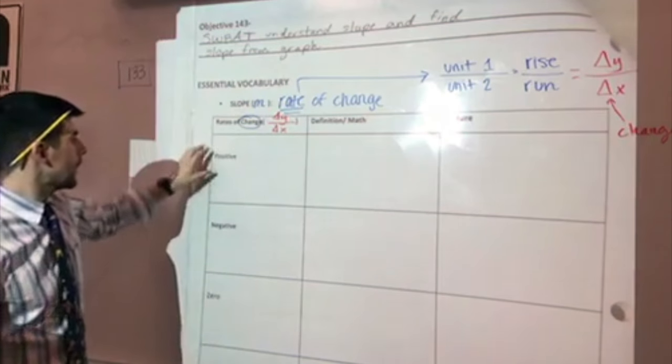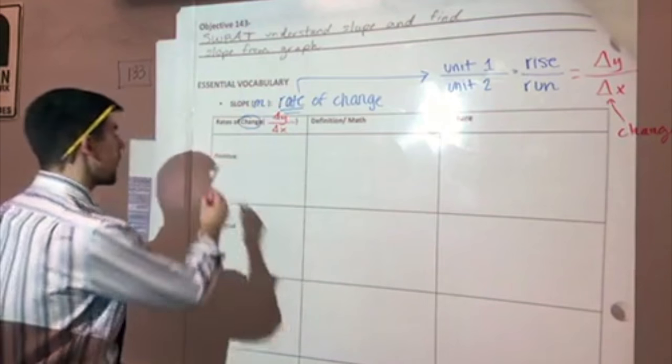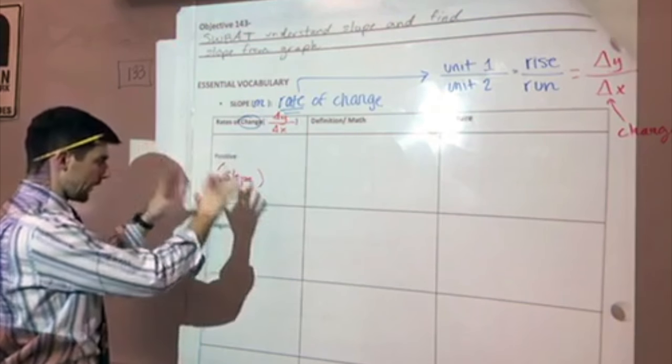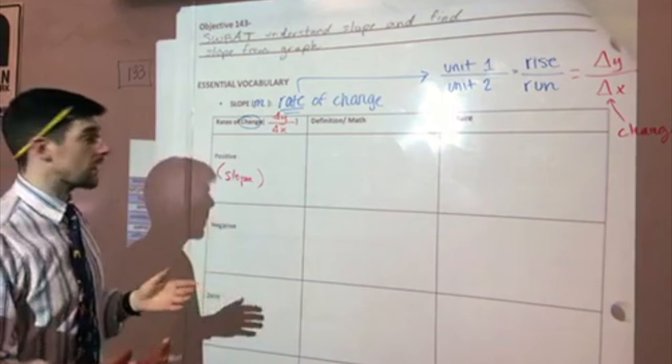You scared me. So right here, when you see the word positive, if we're talking about a positive rate of change, we're talking about a positive slope. I put it in parentheses just because the focus is on a positive rate of change. The slope is the same idea.